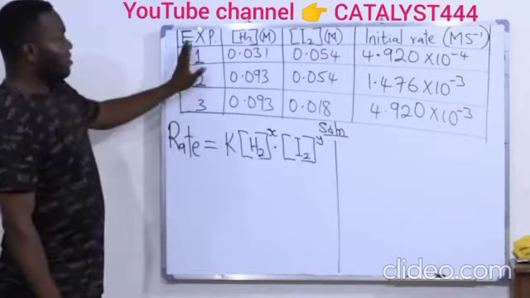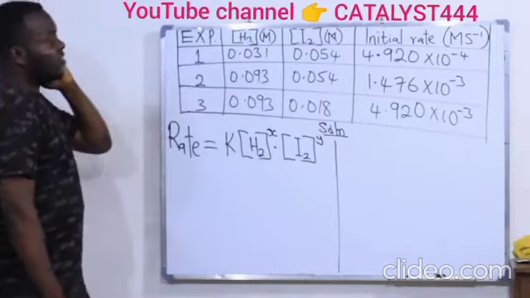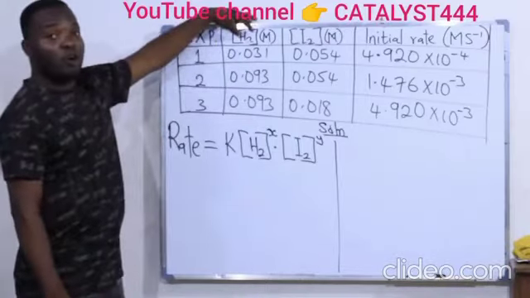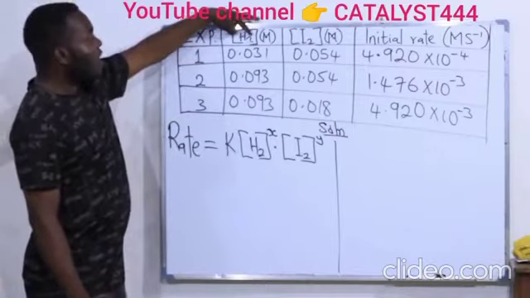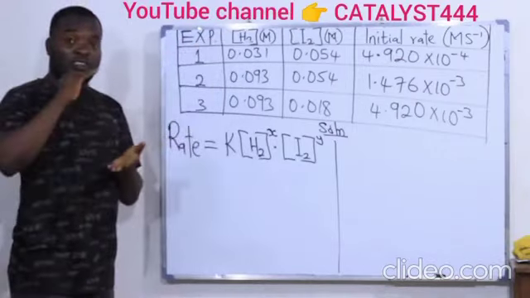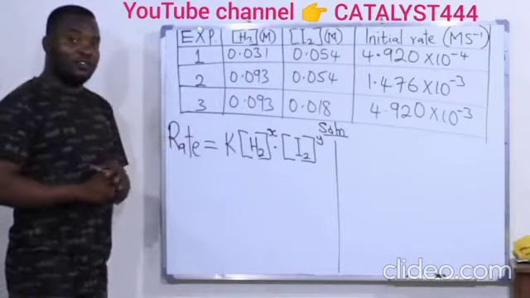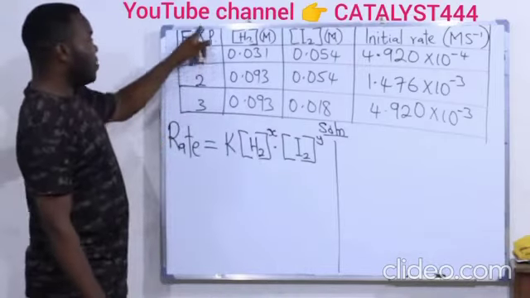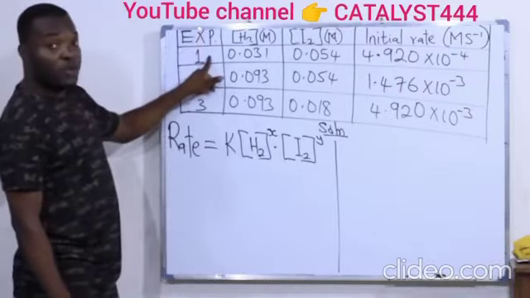Now, this table shows that this experiment, the reaction between hydrogen and iodine, was carried out in 3 different sections. The first experiment is the one called experiment 1.